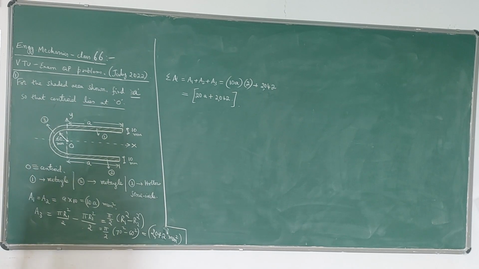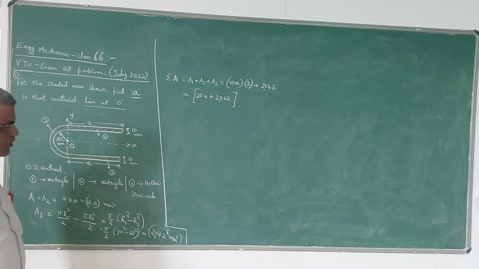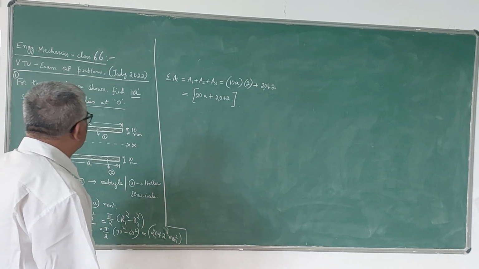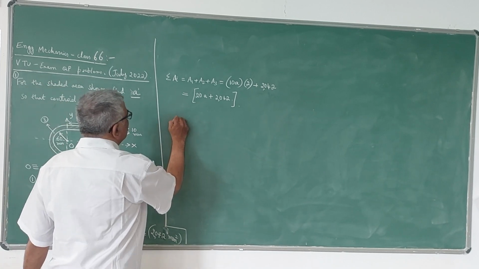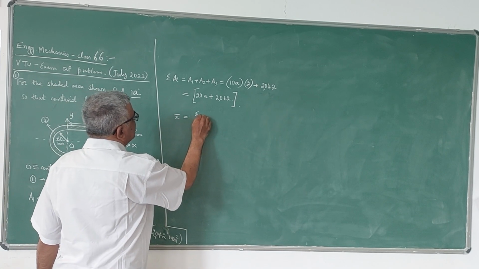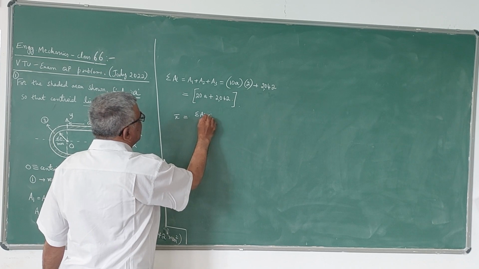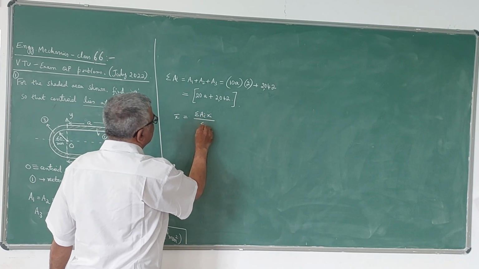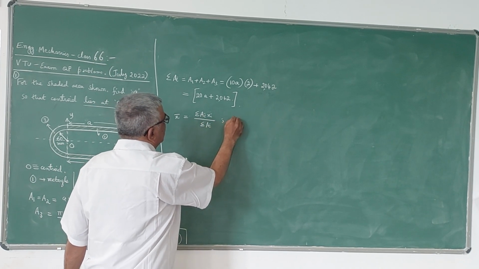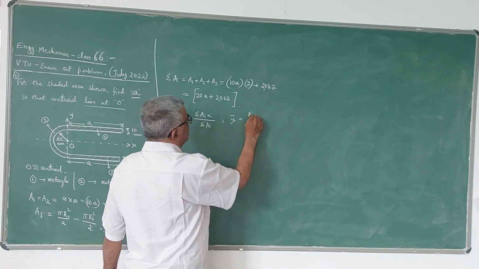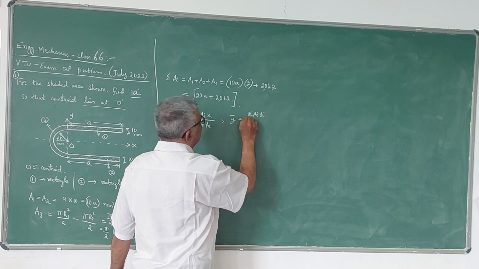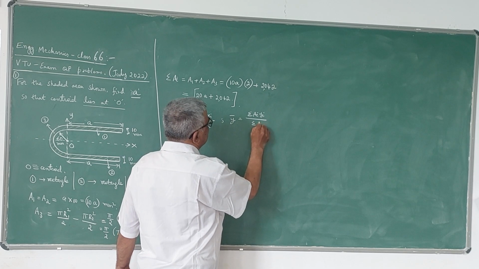Now you know the formula for locating the centroid of the composite section. x bar is equal to summation Ai xi divided by summation Ai, and y bar is equal to summation Ai yi divided by summation Ai.